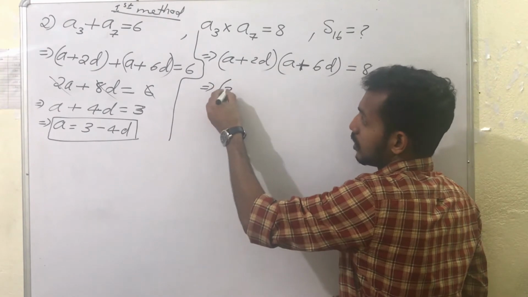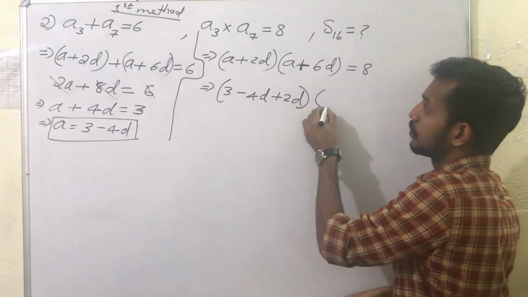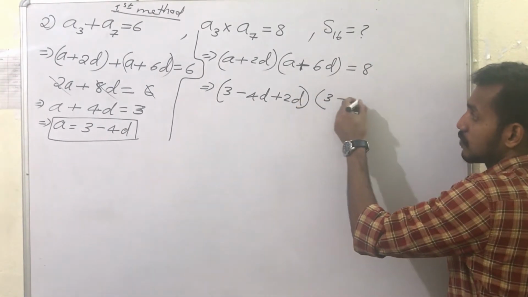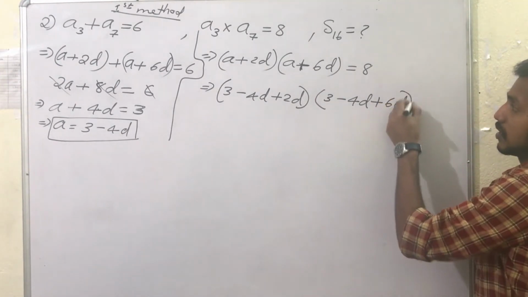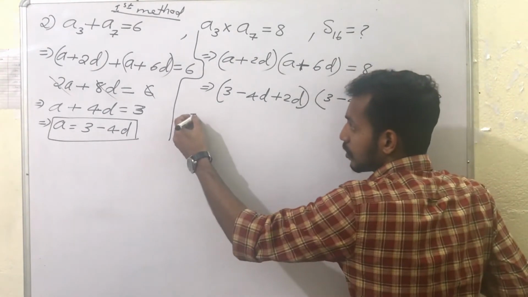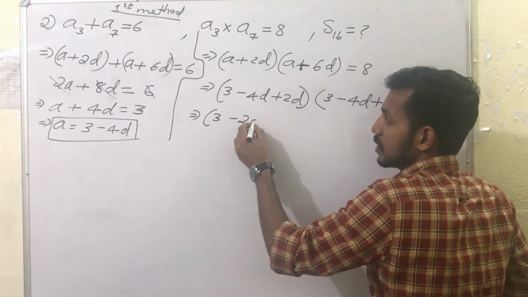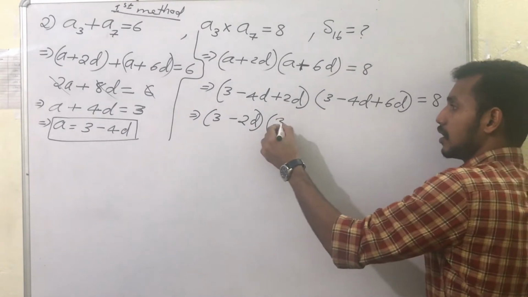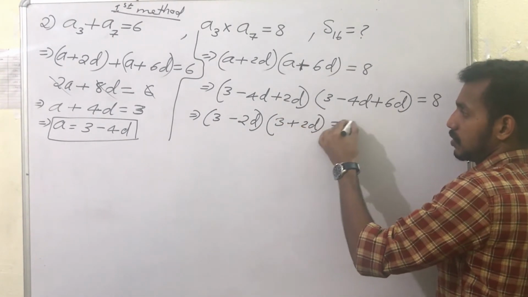So what will you get? (3 minus 4D plus 2D) into (3 minus 4D plus 6D) is equal to 8. Again, 3 minus 4D plus 2D will be 3 minus 2D, into 3 minus 4D plus 6D will be 3 plus 2D, which is equal to 8.